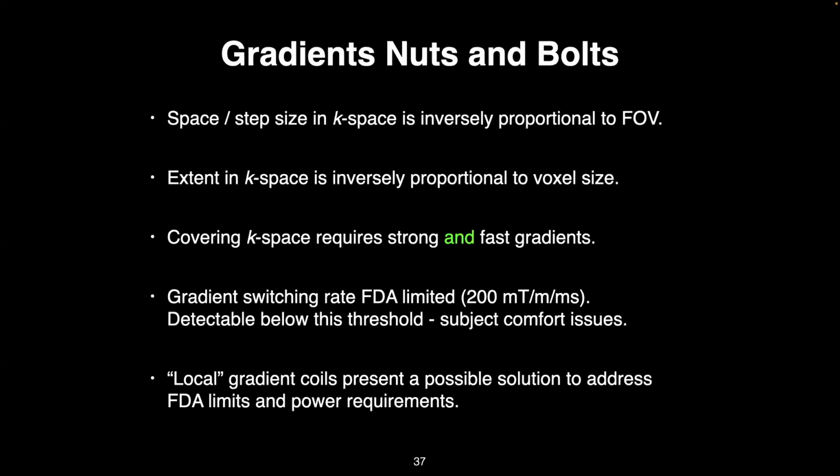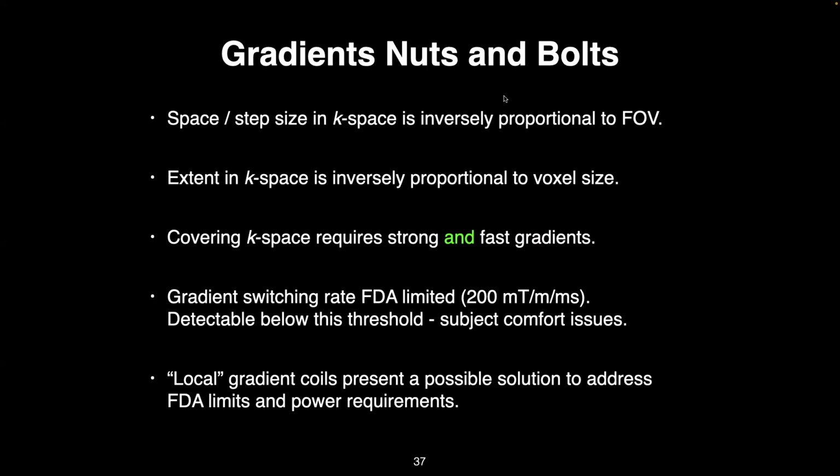But what I want you to appreciate here is just a couple of things about how this encoding space works. So one thing to notice is how the math falls out. In K-space, the difference between your sampling points is actually inversely proportional to your field of view in the image space that you want to get.